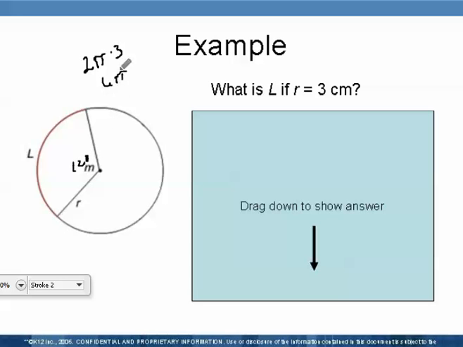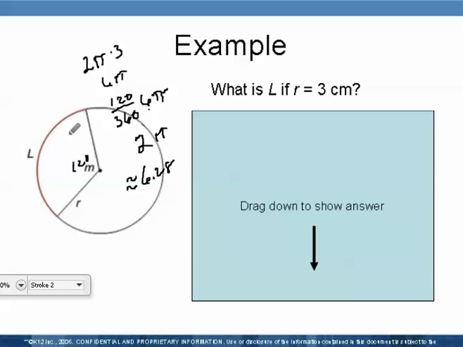We would take this 6 pi, which is the entire circle, and we would multiply 6 pi times 120 divided by 360. Well, you know what? This turns out to be 3, and this is going to cancel out there, and I'm going to do a little bit of quick math here. 6 times 120 is 720 divided by 360 is 2 times pi, or 6.28 approximately. 2 pi or 6.28.